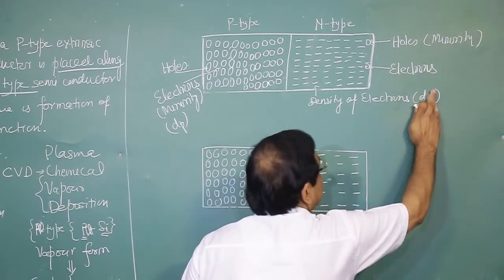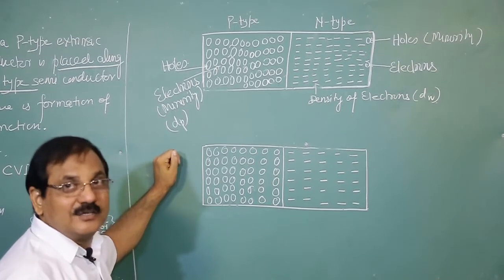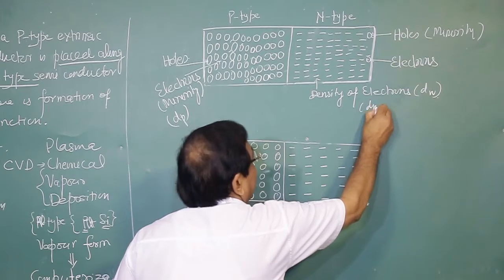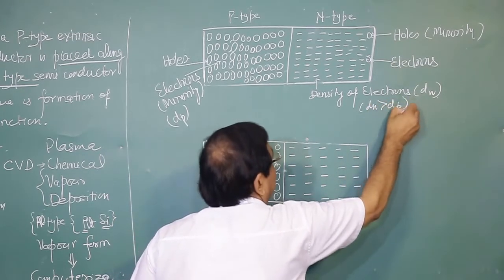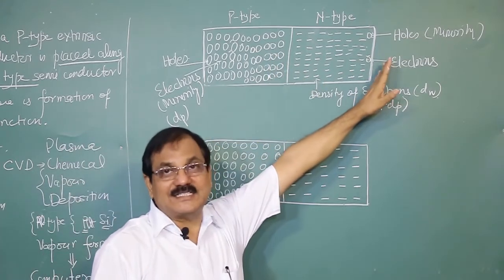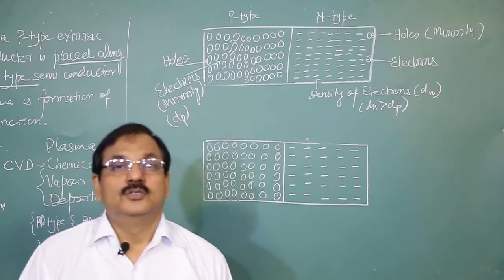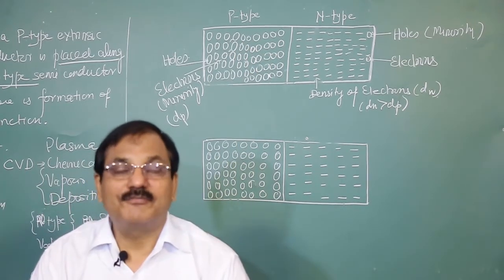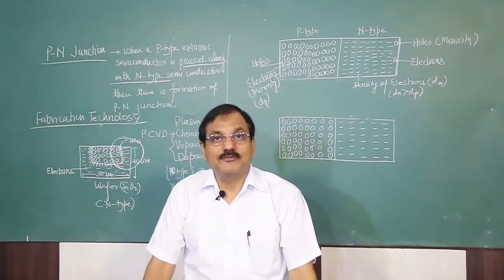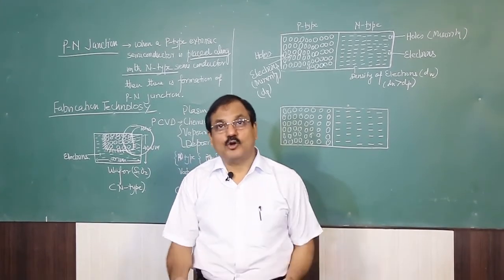So, the density of electrons in the n side, dn, is greater than dp, the density of electrons in the p side. So, there is a difference of density across the junction, and when there is a difference of density, then there is a process.